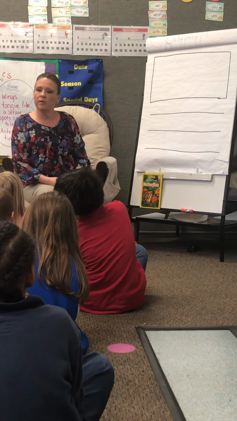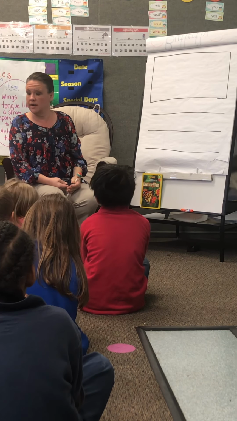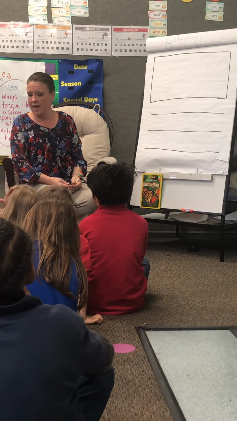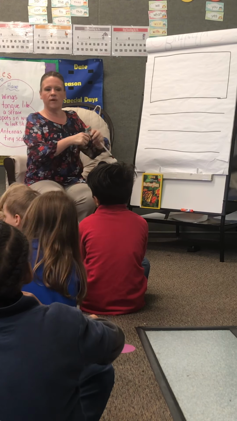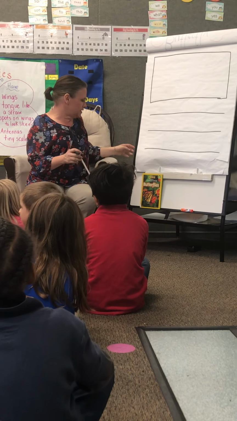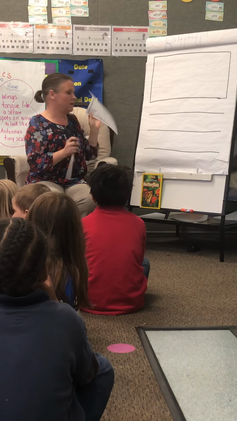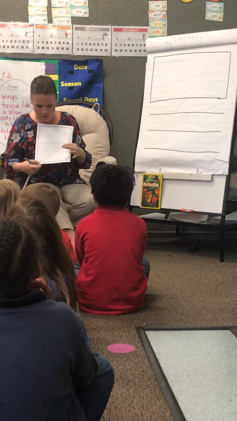So Miss Moore is going to practice writing a story with you right now, okay? Let's see if we can write one together. And I'm going to practice all of those goals. I'm going to show you on your paper.